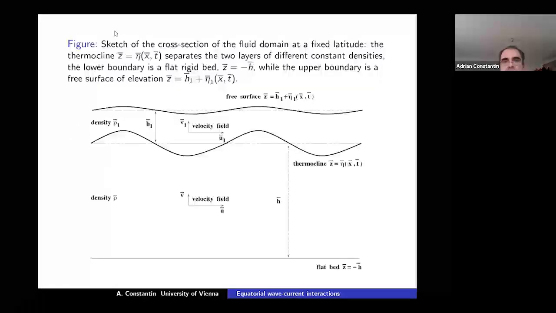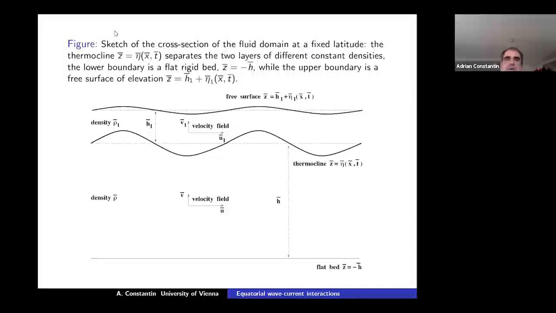So I will write now, this is a figure explaining a little bit what the variables are. This is a vertical cut, and the bars are because these are physical variables. I will non-dimensionalize them. So whenever there is a bar over, that means it's a physical quantity.